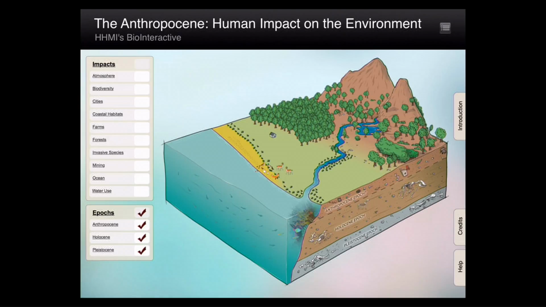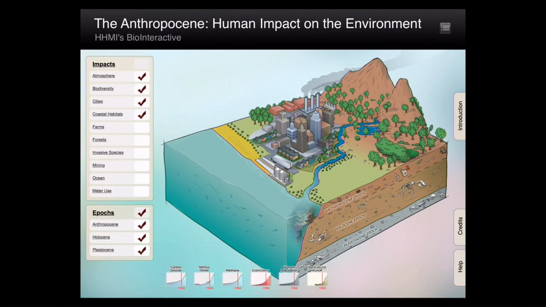What they can do is click on overlays, where they can see what's happening in the atmosphere, what's happening to biodiversity, what it actually looks like.